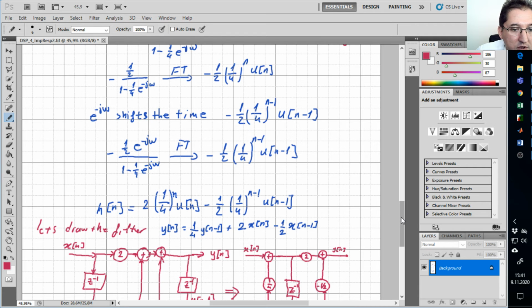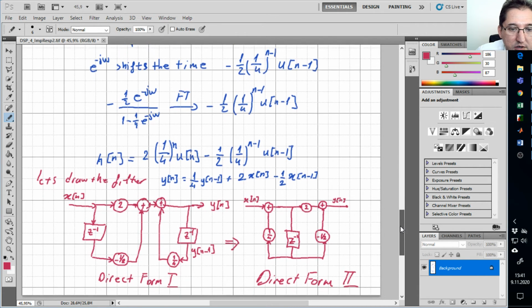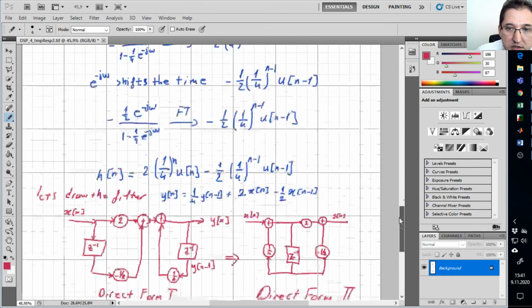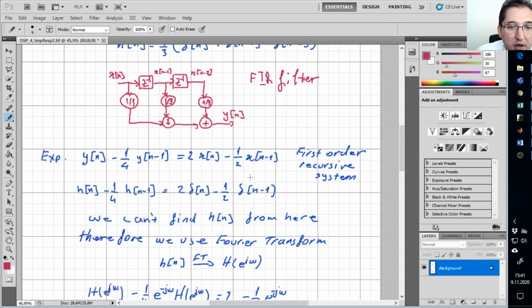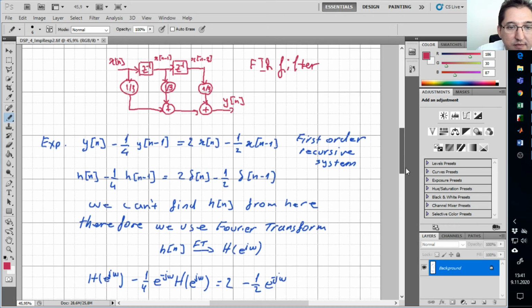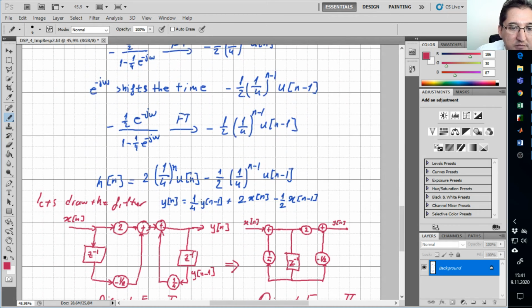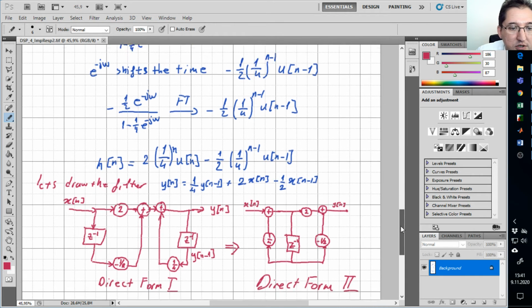If we would like to draw the filter, we take the system equation, but here we need only y[n] on the left side of the equation. We take y[n-1] to the right side of the equation.